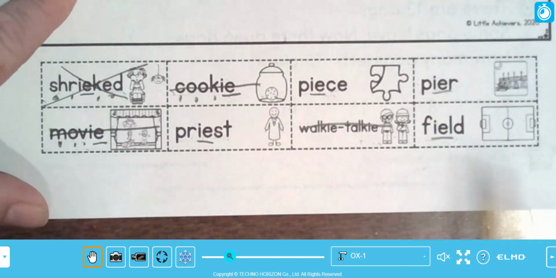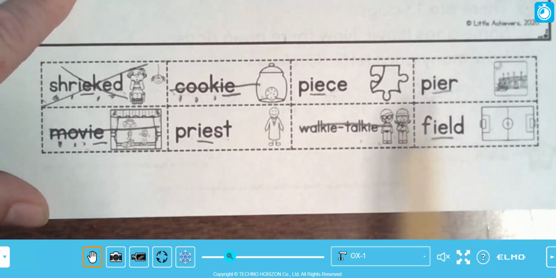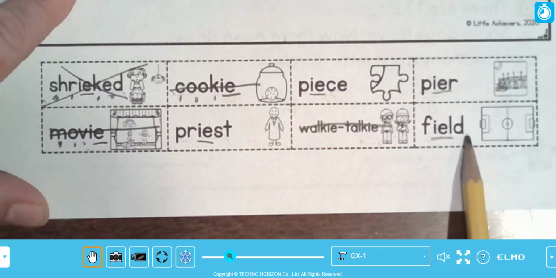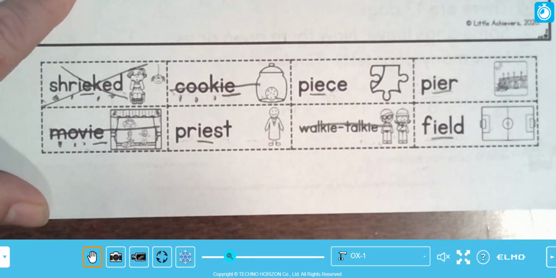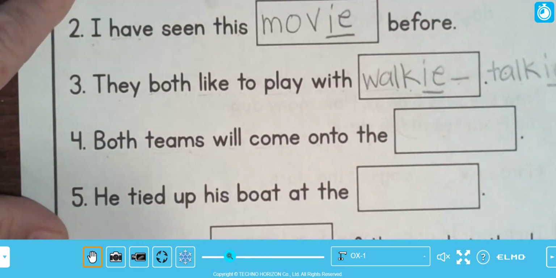Do you think it's both teams will come onto the piece? Both teams will come onto the pier? Both teams will come onto the priest? Or both teams will come onto the field? Which one do you think it is? Yeah, I think it's field. Field is correct. So let's write down field here.